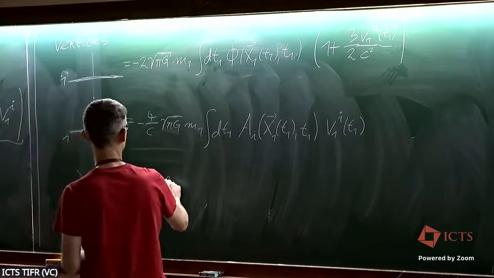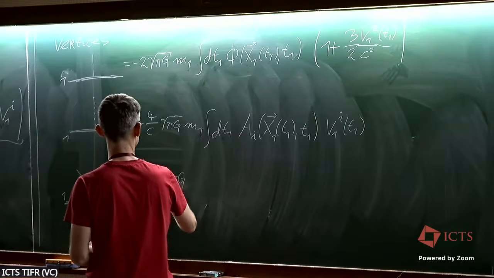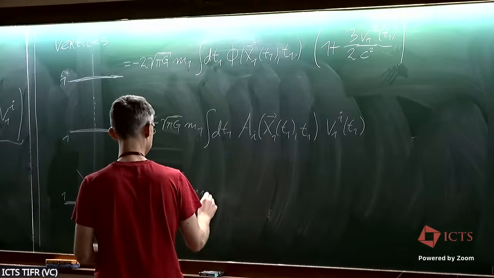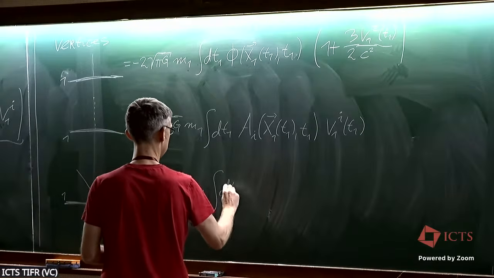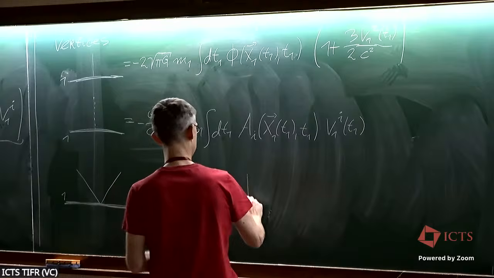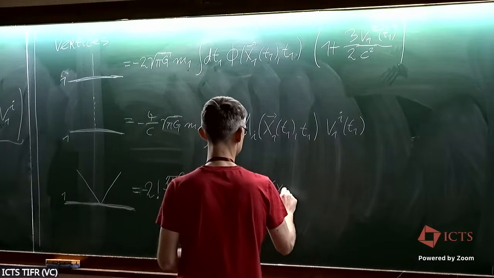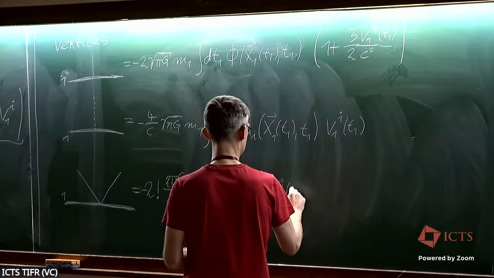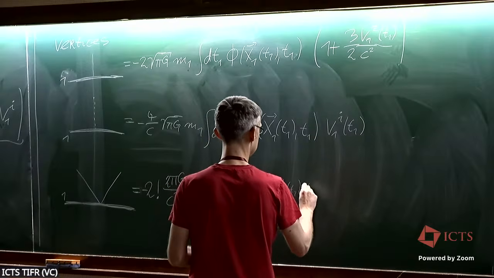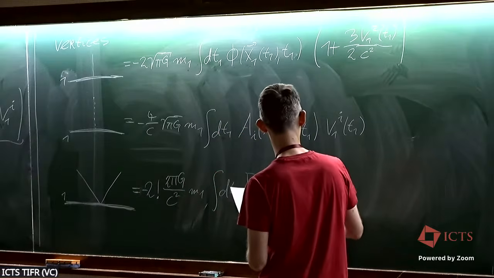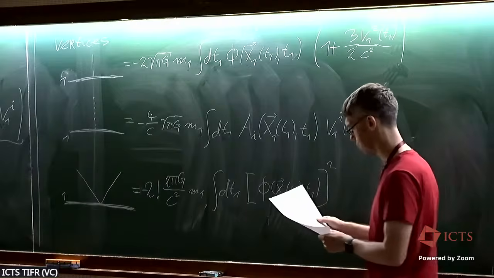So it's 2 pi G divided by c squared times m1, integral over dt1, evaluated at the position x1 of t1, and explicitly again at t1, and the whole thing squared.